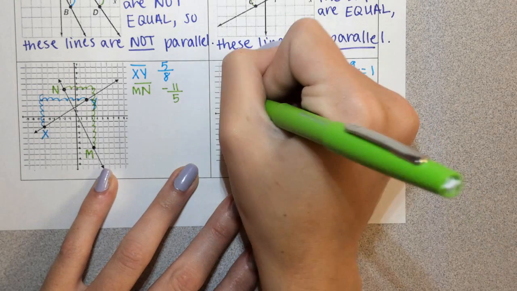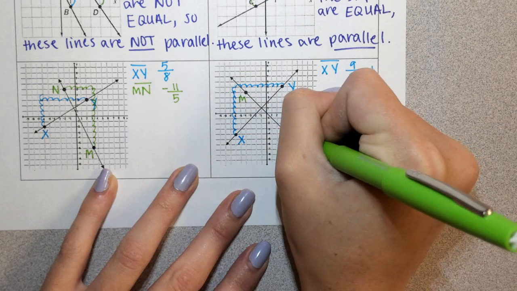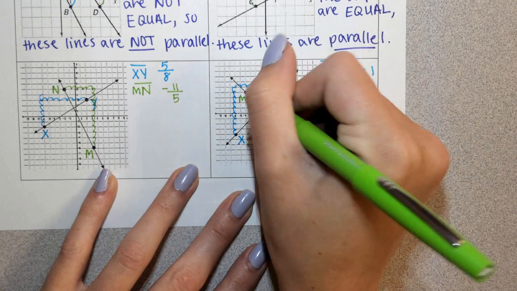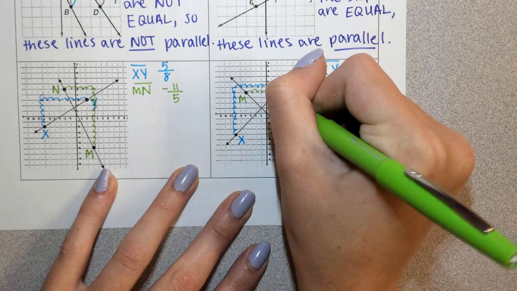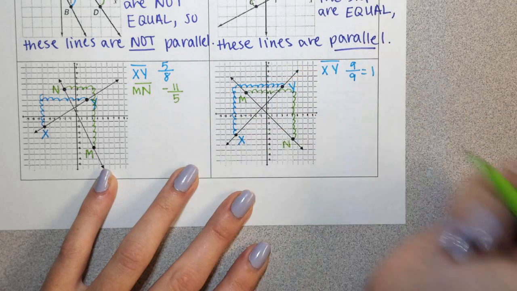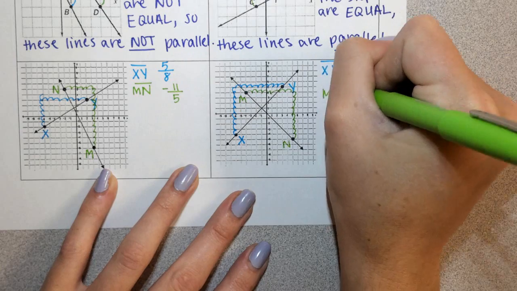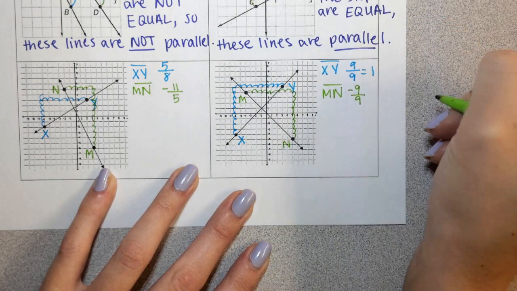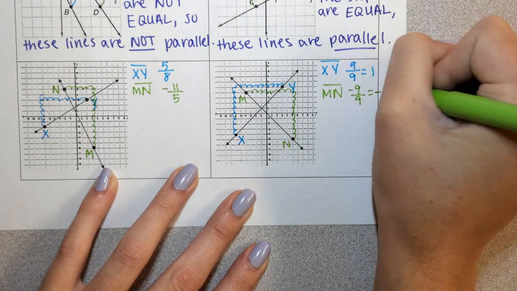And then I'm going to name this one MN. Same idea, count that rise and that run. For MN, I get a slope of -9/9, which simplifies to -1.